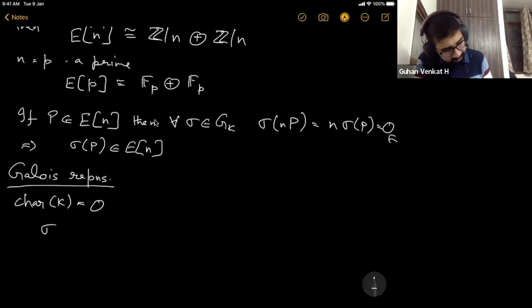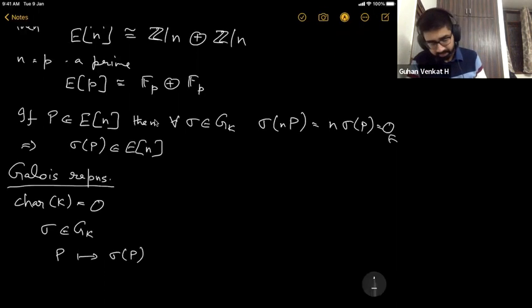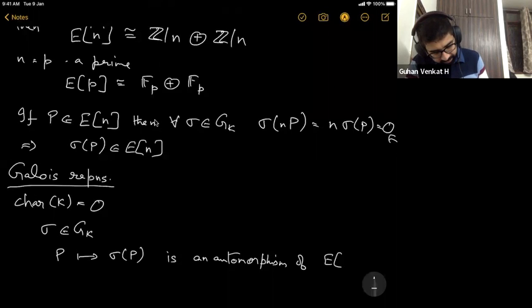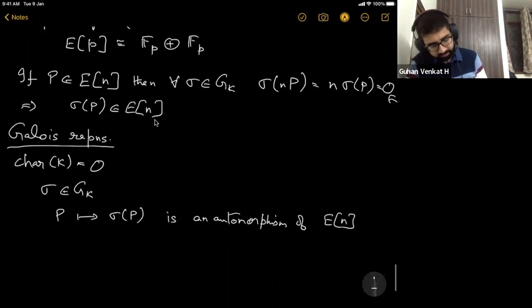We've already seen that for any sigma in the absolute Galois group, the map P going to sigma of P is an automorphism of E[n] as a Z mod n module.